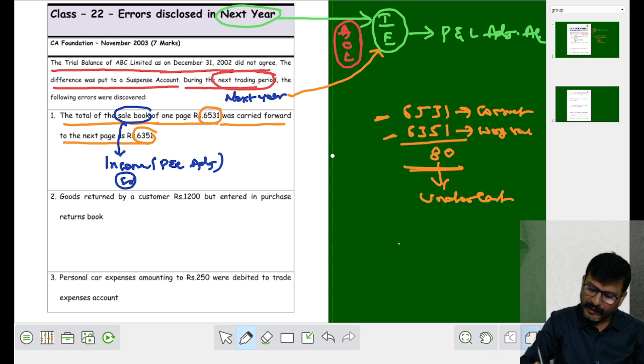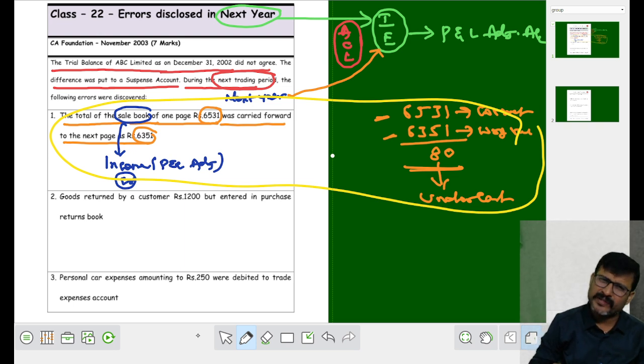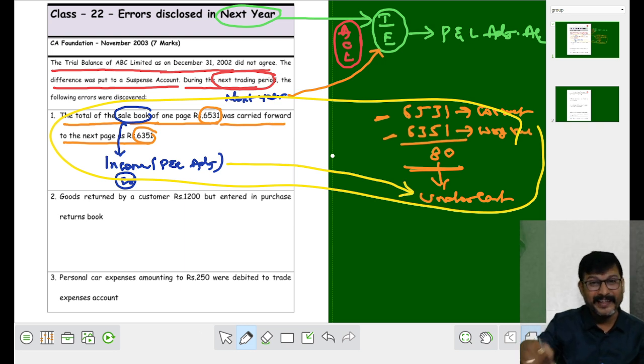See, now I connect these two things together, my dear students. What happened? Being an income, the P&L adjustment is a credit balance, and the credit balance has become under recorded. When it is under recorded, we have to take it on which side?